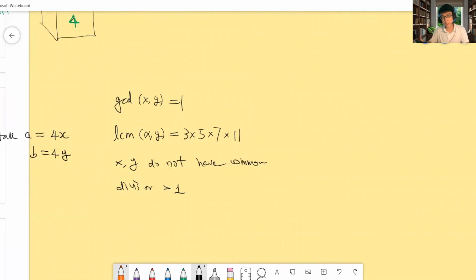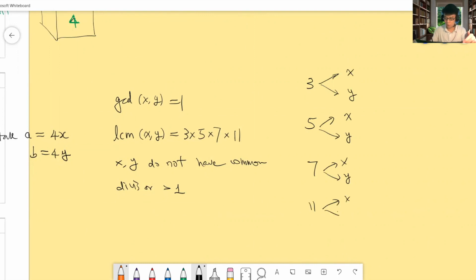So each prime number goes to just one number. For example, 3 can only go to x or go to y, but just one, okay? And the 5 has two choices, go to x or go to y. And 7 goes to x or y. 11 just goes to x or y.